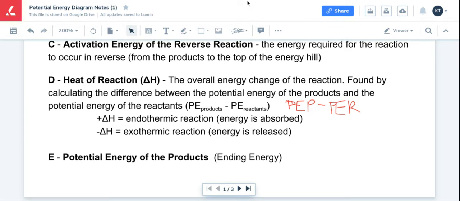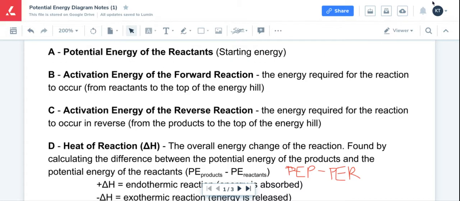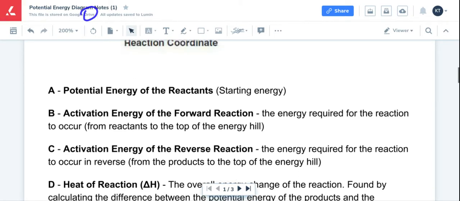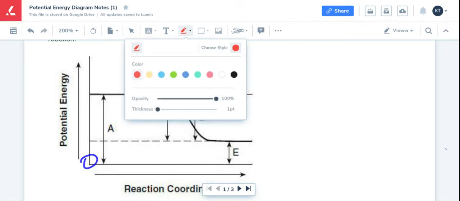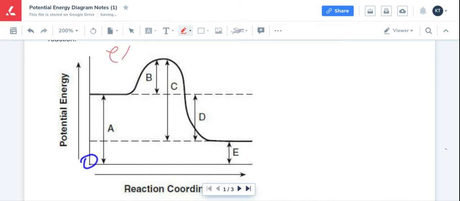And so if we look at the potential energy diagram that we have, we can see that the products have less energy than the reactants. So this is an example of an exothermic potential energy diagram. So when the products have less energy than the reactants, we are going to call that an exothermic diagram.